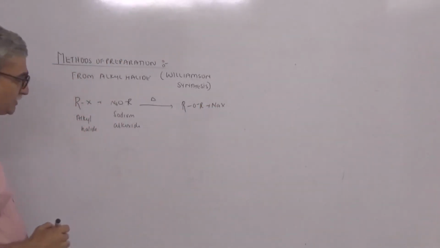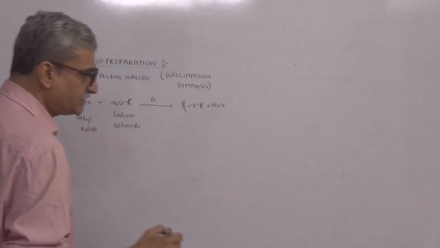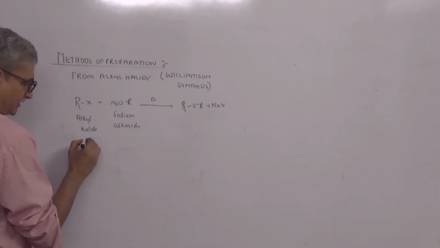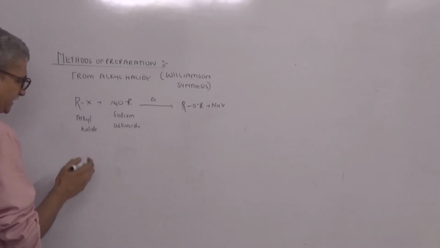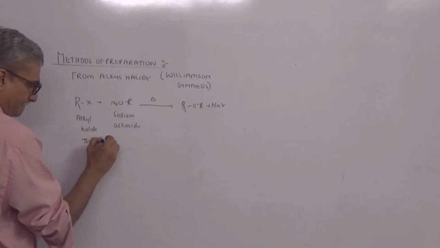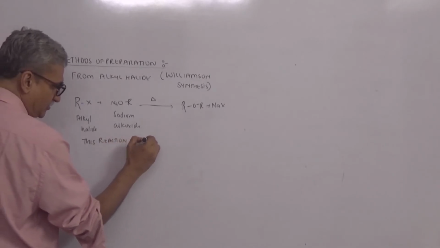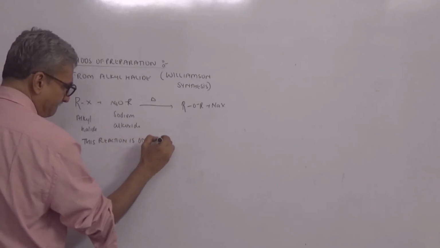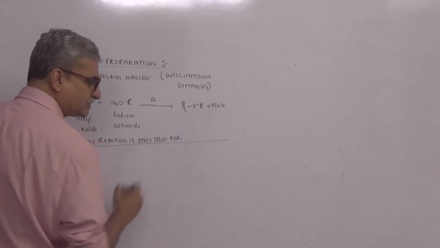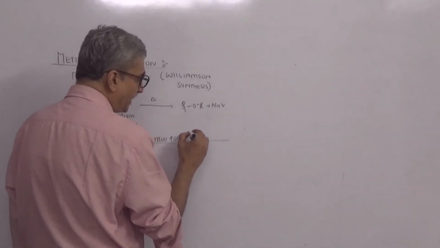Now I told you, what is the entrance exam question that we can think about in this? I have discussed this 3 times. This reaction is only true for primary alkyl halide.